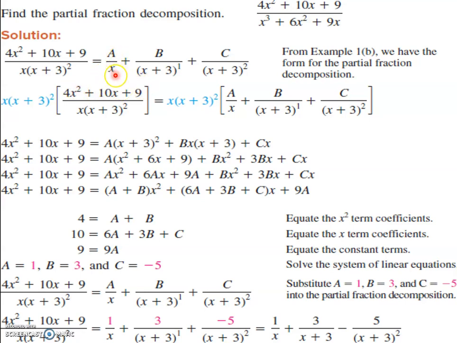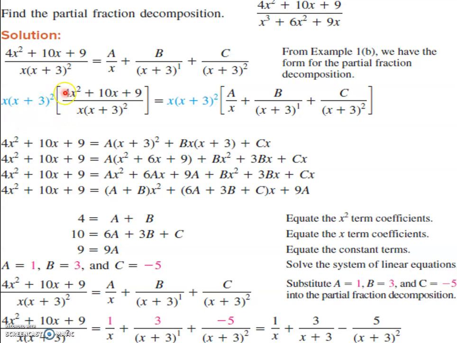So capital A upon x plus capital B upon x plus 3 plus capital C upon (x plus 3) whole square. Now we have to take the LCM, x into (x plus 3) whole square. So what is the LCM? I multiply here, here and here. What do we have to multiply? In this procedure, we have followed this way in the above examples, but here I introduced a new, different method.